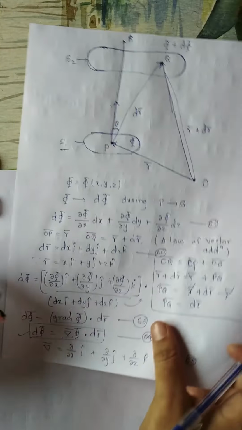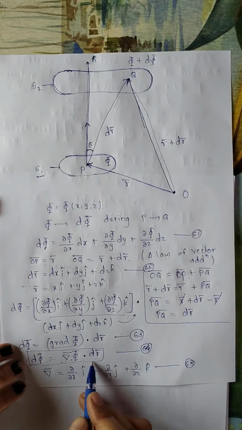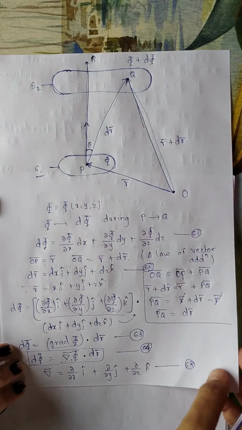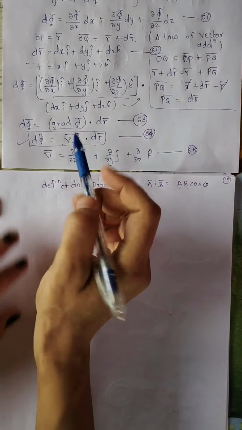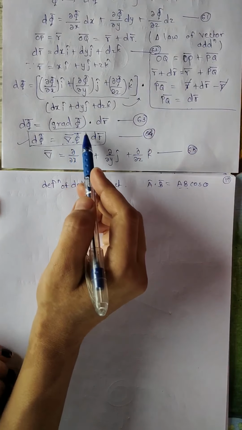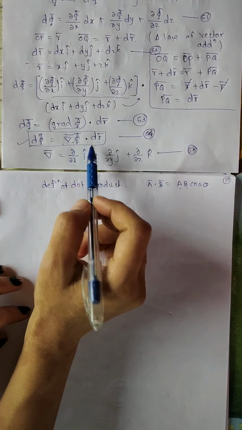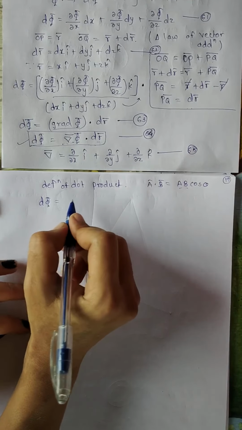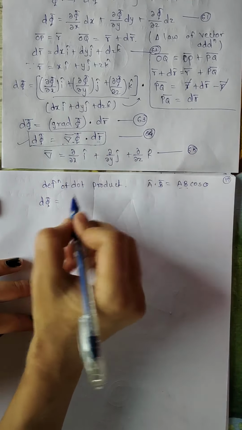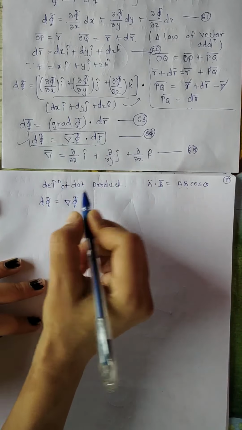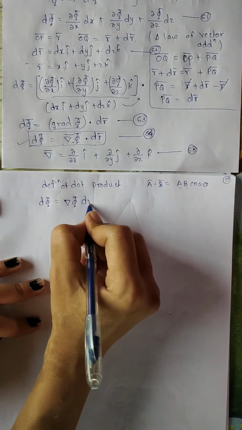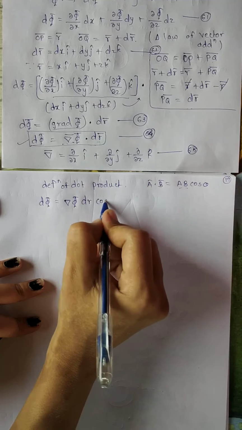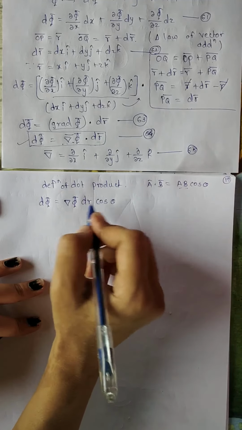Similarly, here the angle between these two vectors we have considered as theta. Therefore, this dot product can be written as d phi equals, now the magnitude of del phi bar is del phi, the magnitude of dr bar is dr, and the angle's cosine, that is cos theta.